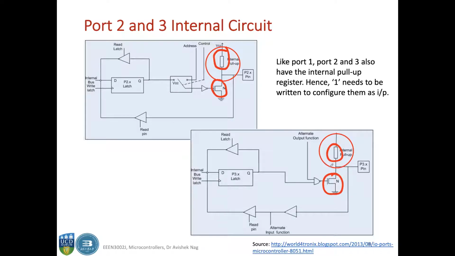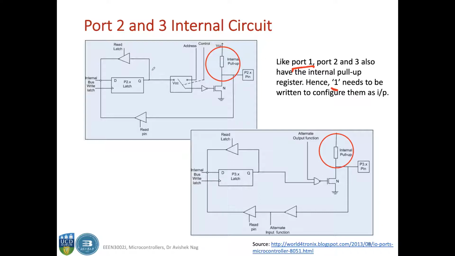Because of this pull-up resistor and transistor, the output circuit for port 2 and port 3 almost looks the same as port 1, and you need to put a 1 to configure them as a read port.